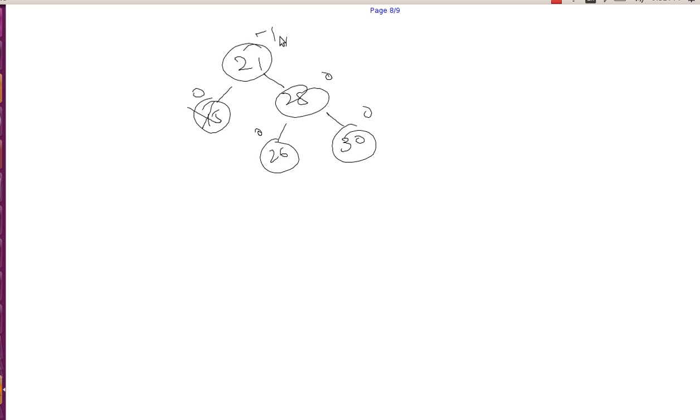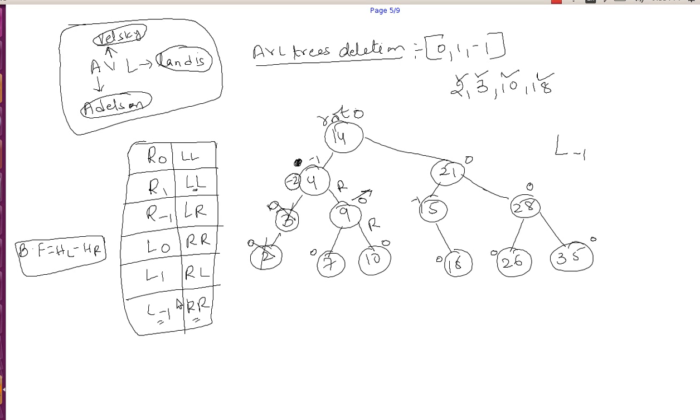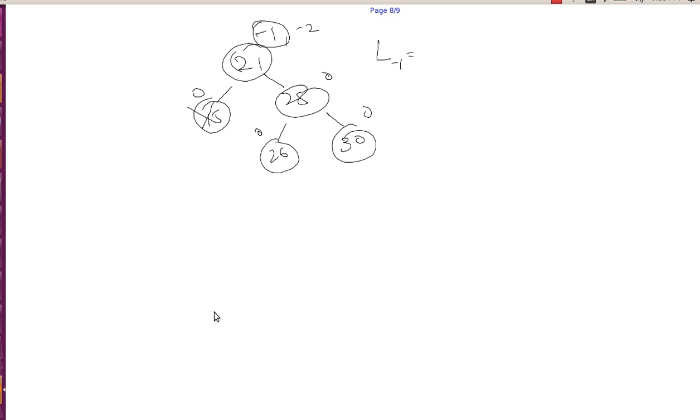Once you delete 15, the balancing factor of 21 becomes -2 for us. So you are deleting with respect to this node where the imbalance has occurred. You deleted the element on the left-hand side, and what was the previous balancing factor for it? -1. So L minus 1 is RR for us.